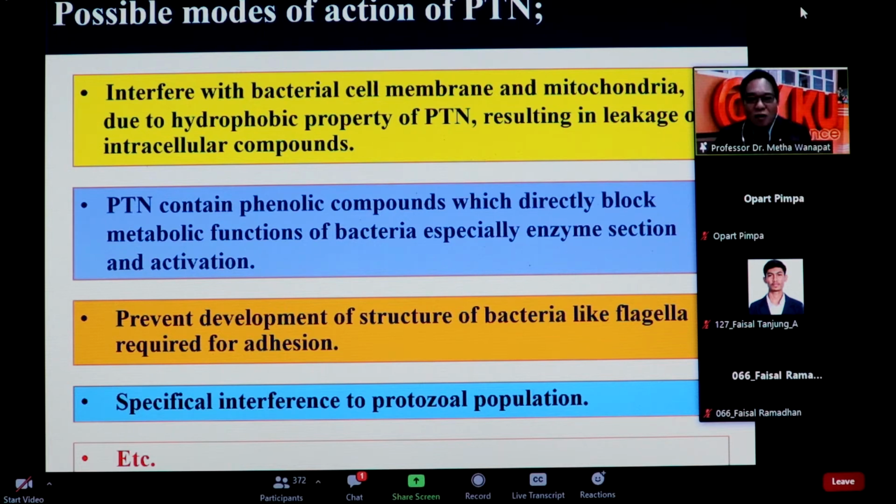So by supplementing this fruit peel pellet, we were able to reduce the number of protozoa and methanogens, as well as the volume of methane produced in the rumen. So this is one of the examples of the work. You can see how they can interfere and how they produce the mode of action.